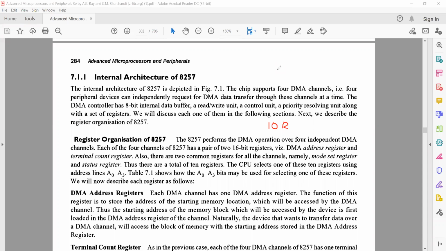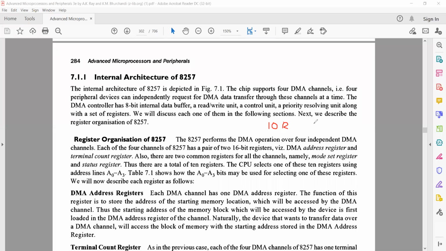Okay, the register organization of 8257. This 8257 performs the DMA operation over 4 independent DMA channels. So each of the 4 channels of 8257 has a pair of 2 16-bit registers.